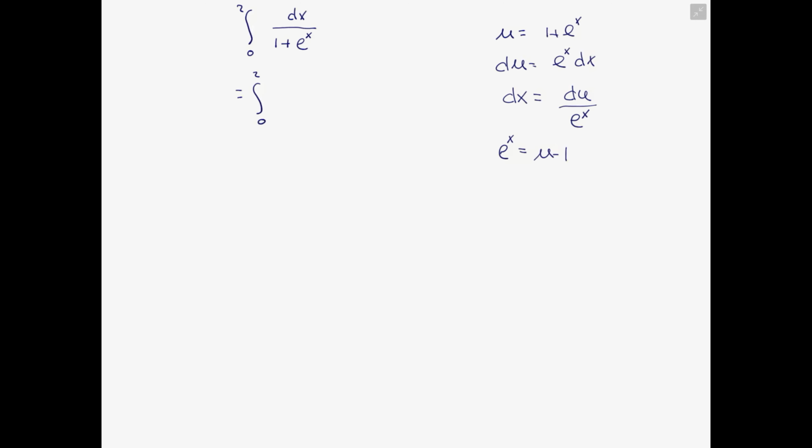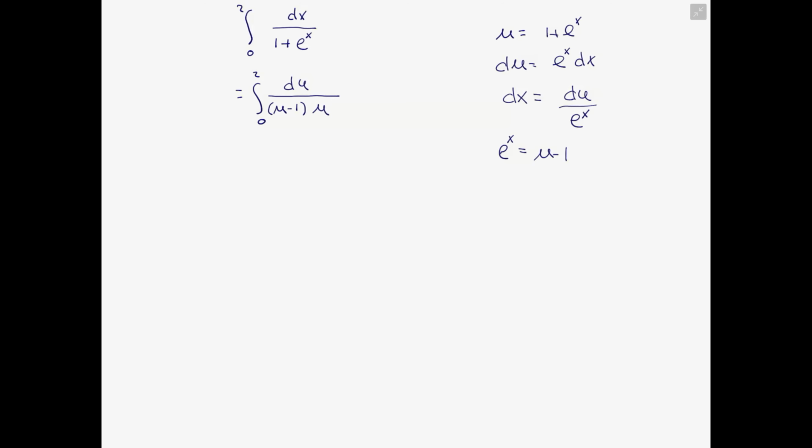So we have, take a look at this, 0 to 2 du, and we have e to the u, or we have du over e to the x, and the e to the x is u minus 1.